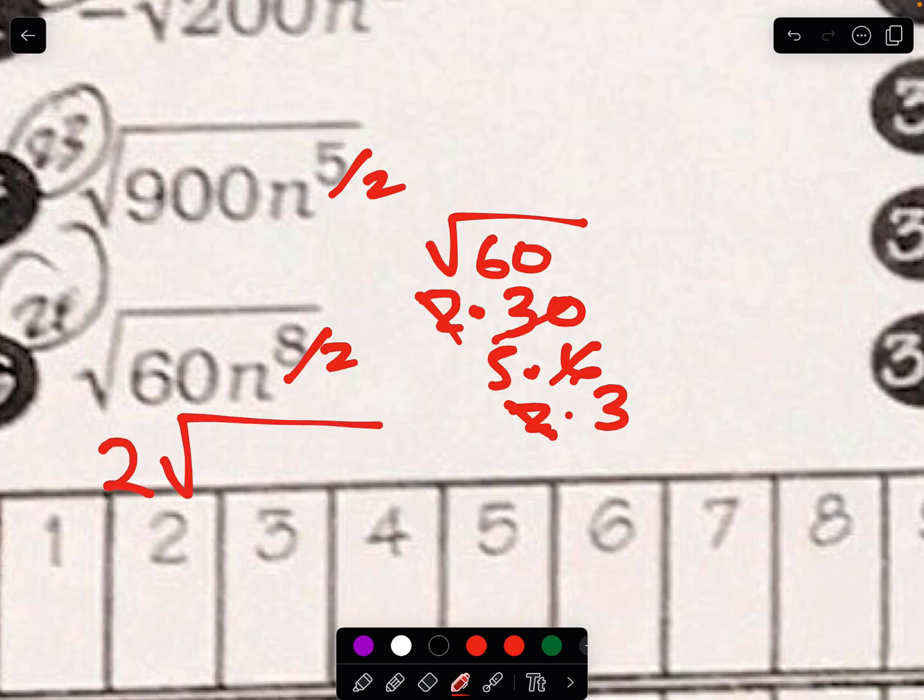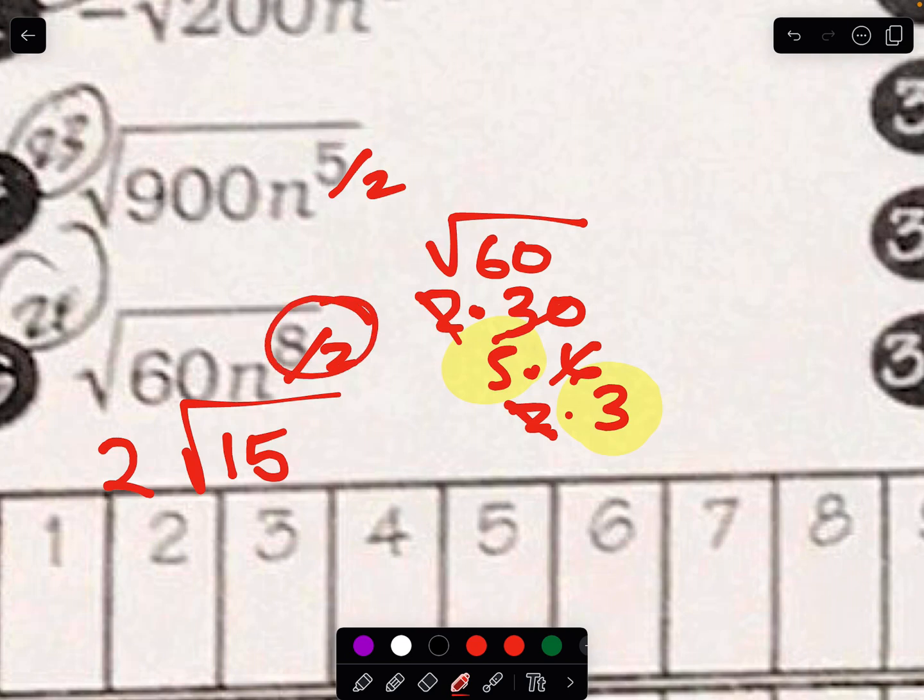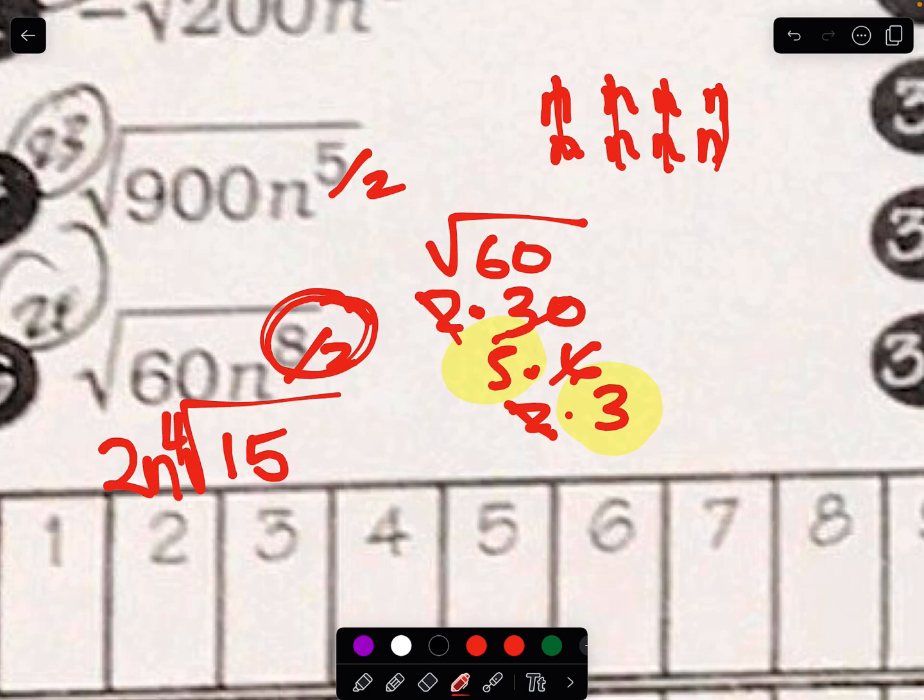The square root of what's left inside is the 5 and the 3, which makes 15. And you divide, that's 4 of them. If you have 8 of them, makes sense. If you have 8 of them, you have 4 pairs. Divide by 2, this is 4. So n to the 4th, like that. That's your answer.